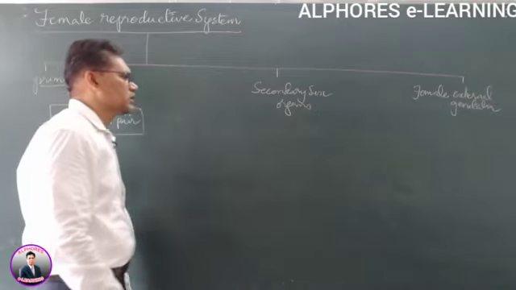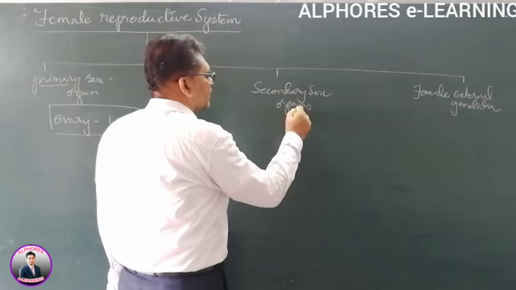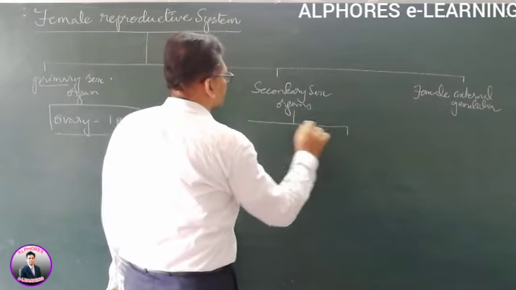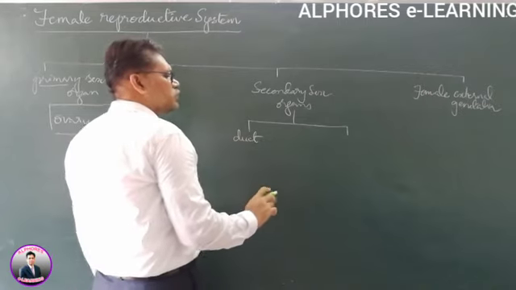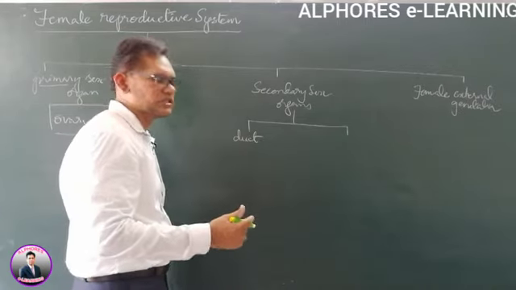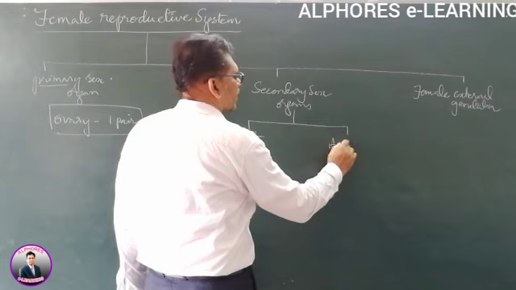Secondary sex organs. The secondary sex organs consist of a duct system as well as accessory glands.